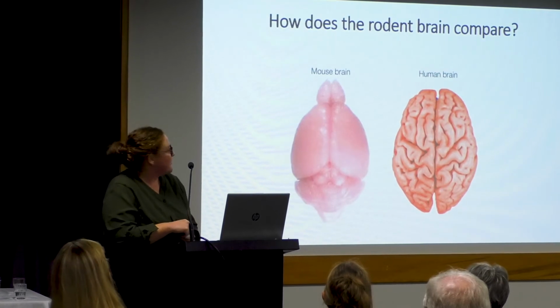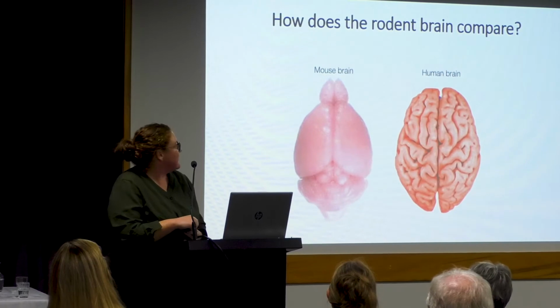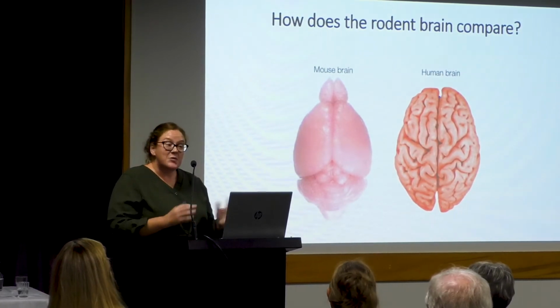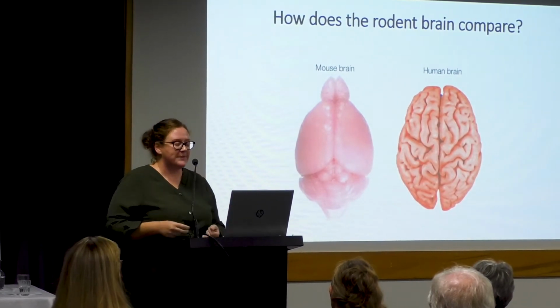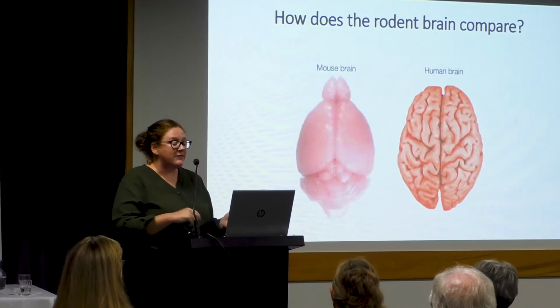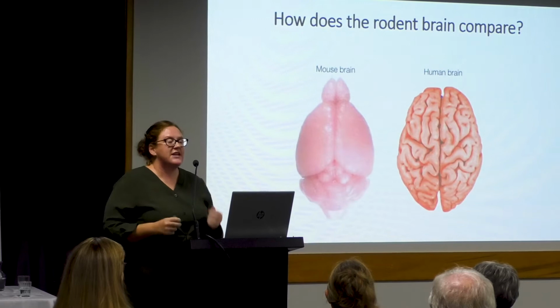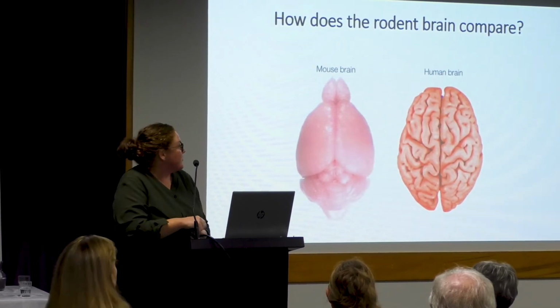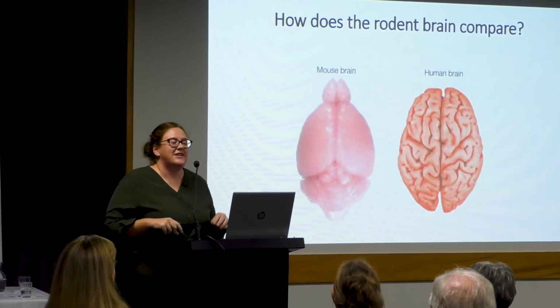But the part of the brain that I study, which is the cortex, which is here, it is different between the mouse and the human. It's very smooth in the mouse, whereas in humans, it's very convoluted and folded. And that's because with evolution, the brain got more and more complex, and it had to fold to fit inside the skull. So these folds enable the brain to have the maximum amount of brain cells, but still fit inside our skulls.